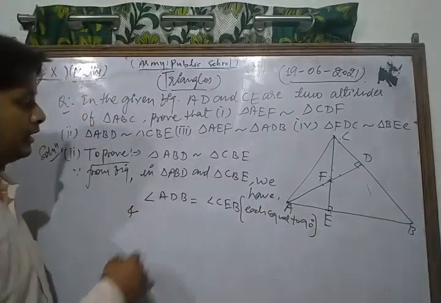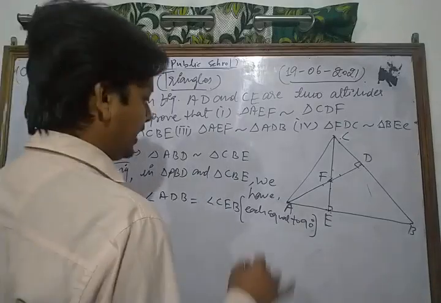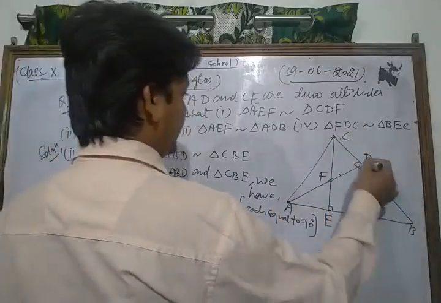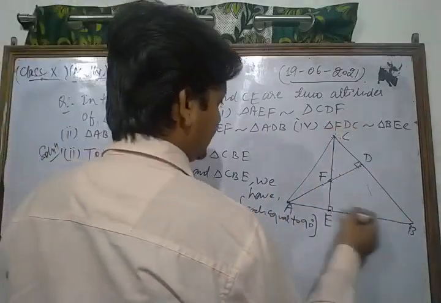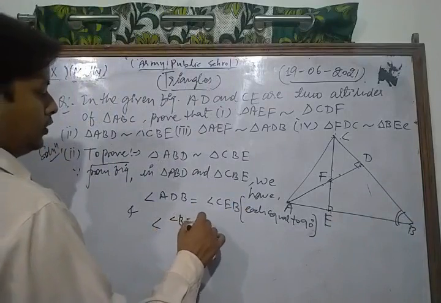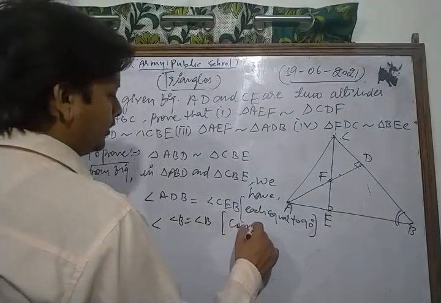And in triangles ABD and CBE, angle B is common. Angle B is equal to angle B. This is the common angle.